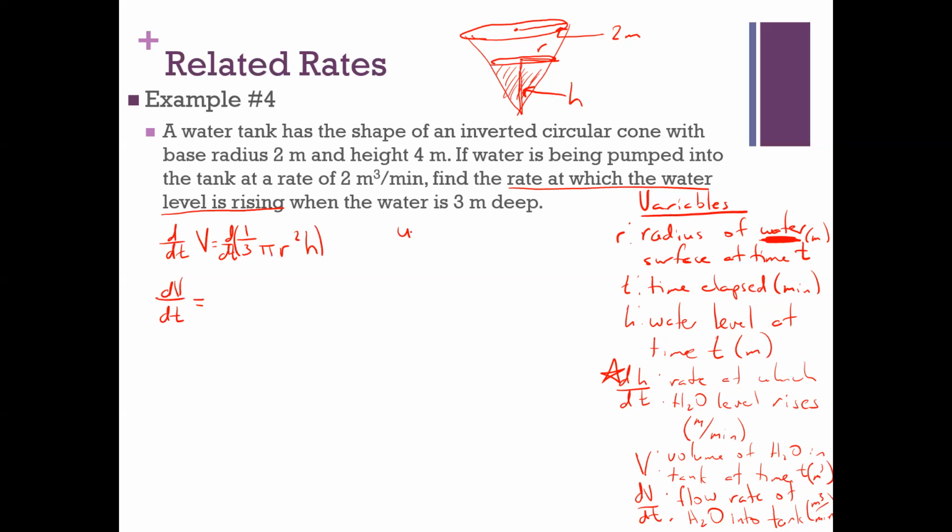So off to the side here, I'm going to say that u is equal to 1/3 pi r squared, and v is equal to h. What's the derivative of u with respect to time? 2/3 pi r dr/dt.